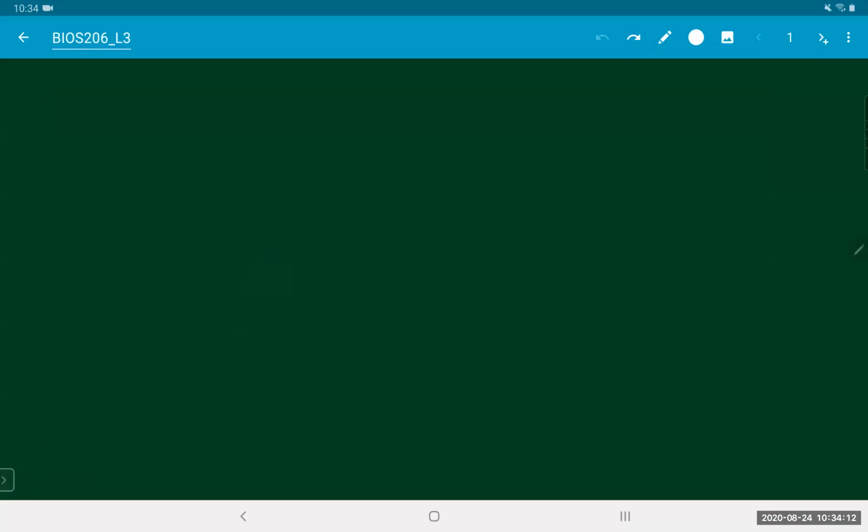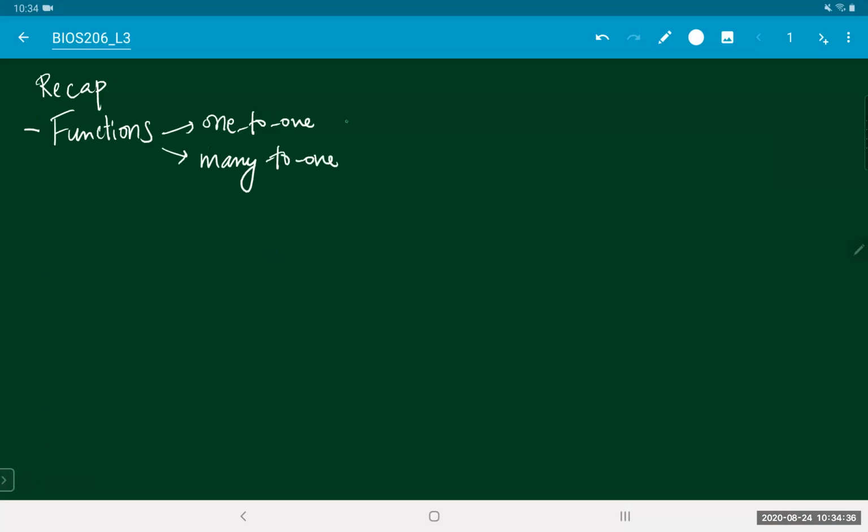Right. So let's start with a quick recap of what we did last time. What did we do last time? We discussed functions, and we saw that functions can be one-to-one maps or many-to-one maps. And they can also be classified into into functions and onto functions.